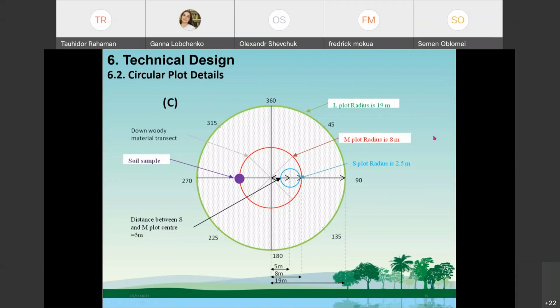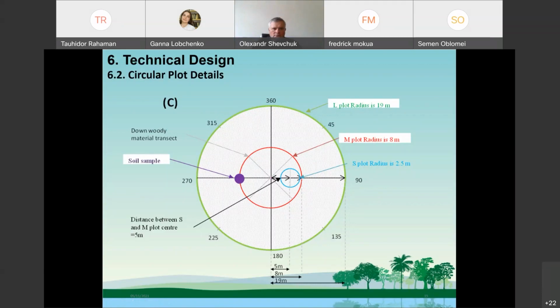And here we can also see the foot transect along 45 degree, 135, 225 and 315. So this transect is to count the down woody material. So we counted fine woody debris, and we took measurement of the coarse woody debris.